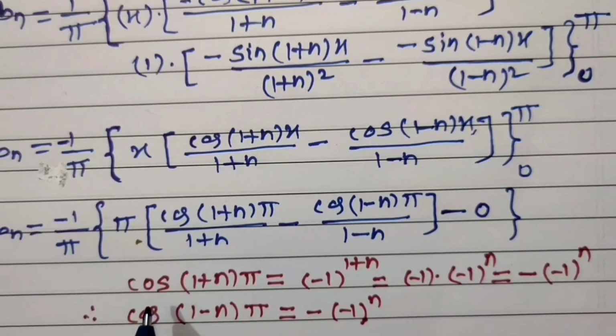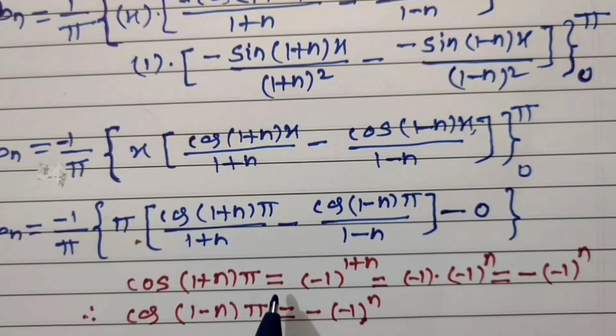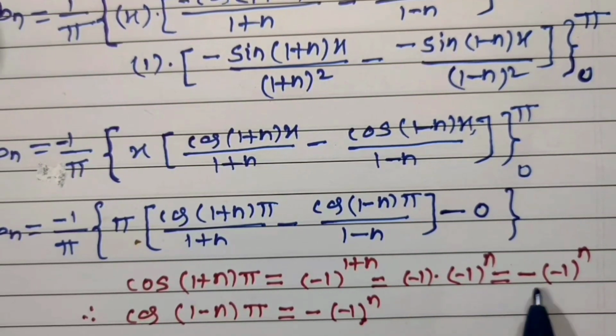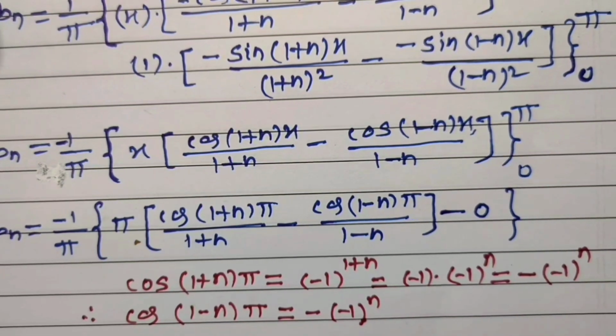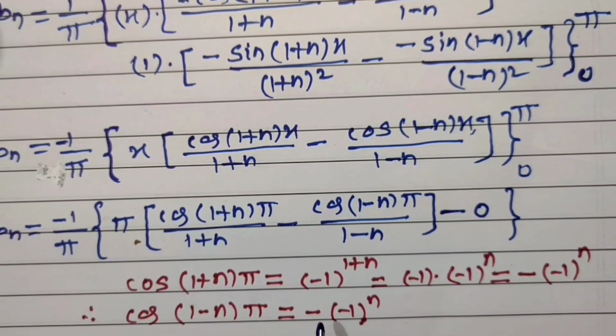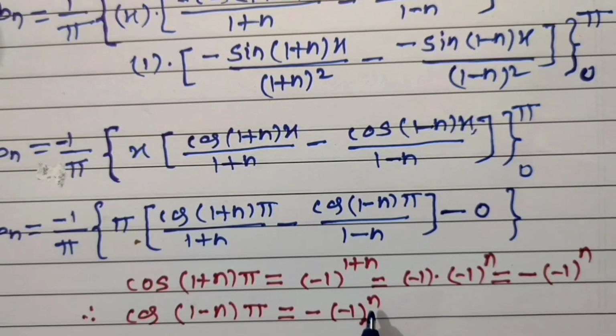Since we know cos of (1 plus n) times pi is equal to minus 1 to the power 1 plus n, and after simplification this is equal to minus of minus 1 to the power n. Similarly cos of (1 minus n) times pi, this is also equal to minus of minus 1 to the power n.